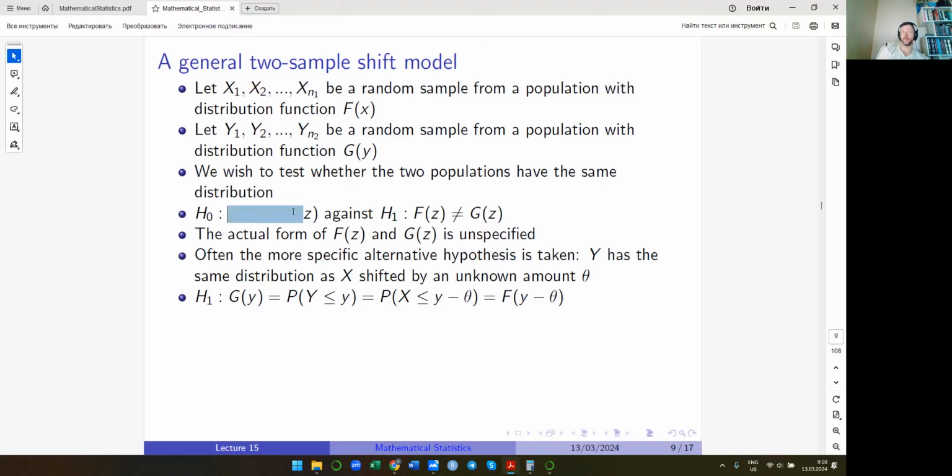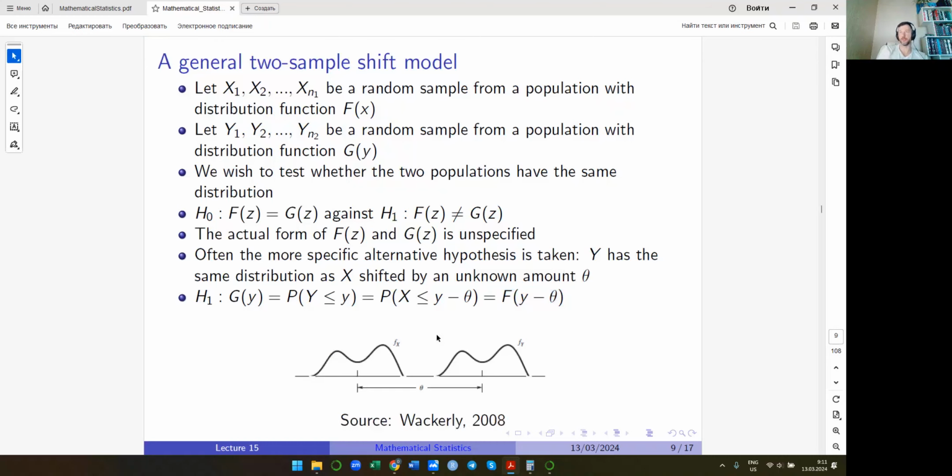So this is our null hypothesis that the two distribution functions are the same, and this is our alternative hypothesis that G of y equals F of y minus theta. So it is shifted to the left if theta is positive, or to the right if theta is negative. And basically, this is enough to claim whether the two distributions are different or the same.